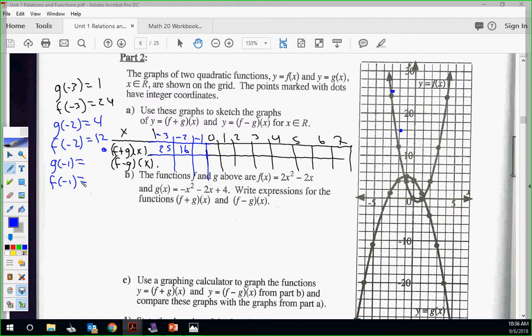See how g is just slightly above 1? So g is actually at 5. Do you guys see that? And then f is below it barely, at 4. 5 plus 4, 9. So -1, 9. That puts us right here. Go ahead and finish those off.